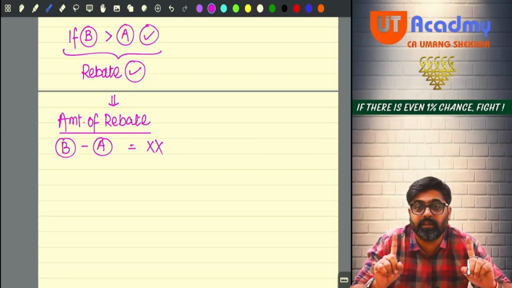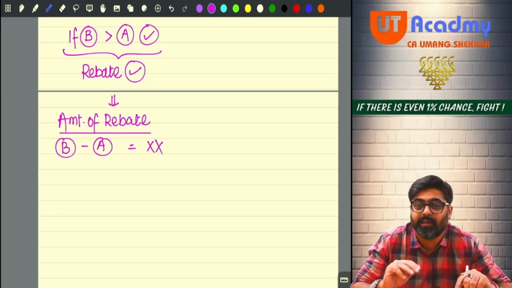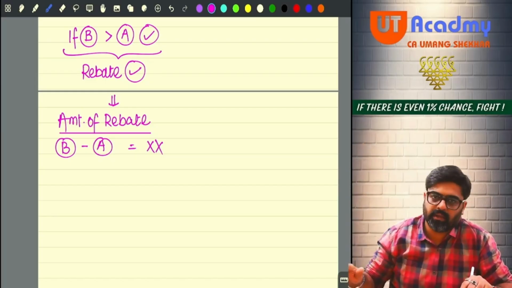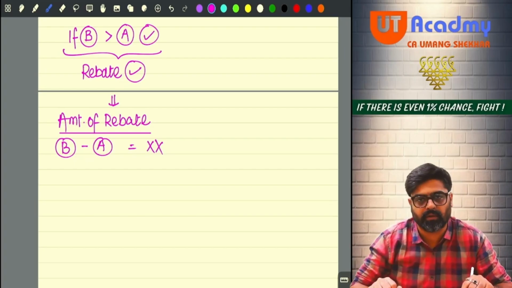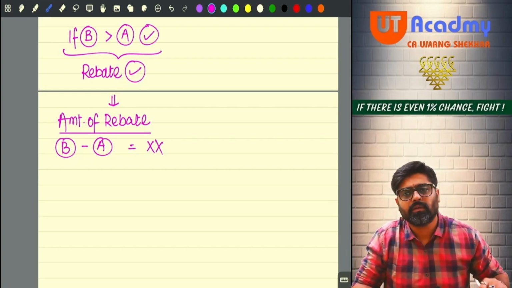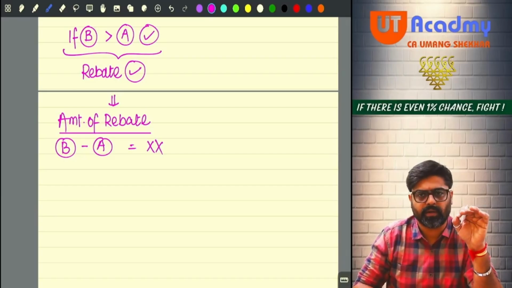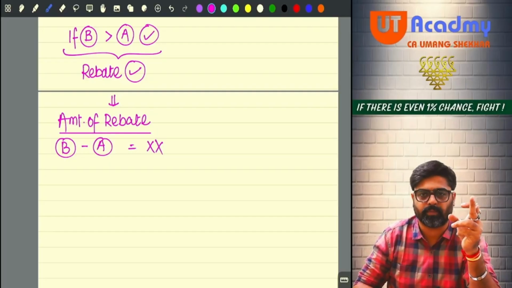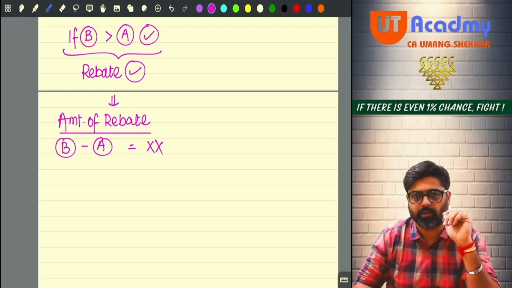You will get 16,500. Now we are not going to give you the entire 25,000 rebate, but still you are eligible to get 16,500 rebate. So how much? 20,500 minus, sorry, 15,500. Not 16,500, 15,500. 20,500 minus 5,000 will be 15,500.